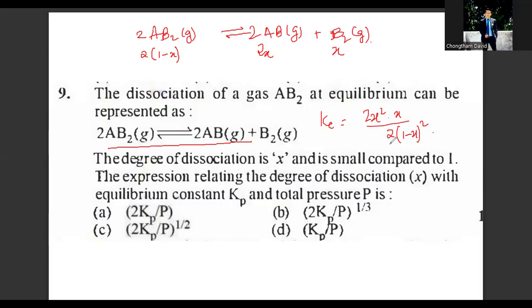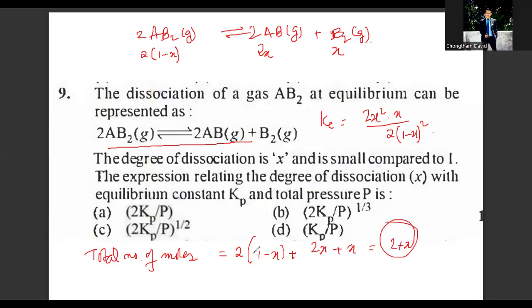Now the total number of moles that is going to be left, shall we write here? Total number of moles would now be equal to 1 minus x plus twice x plus x. This would correspond to 2 plus x.